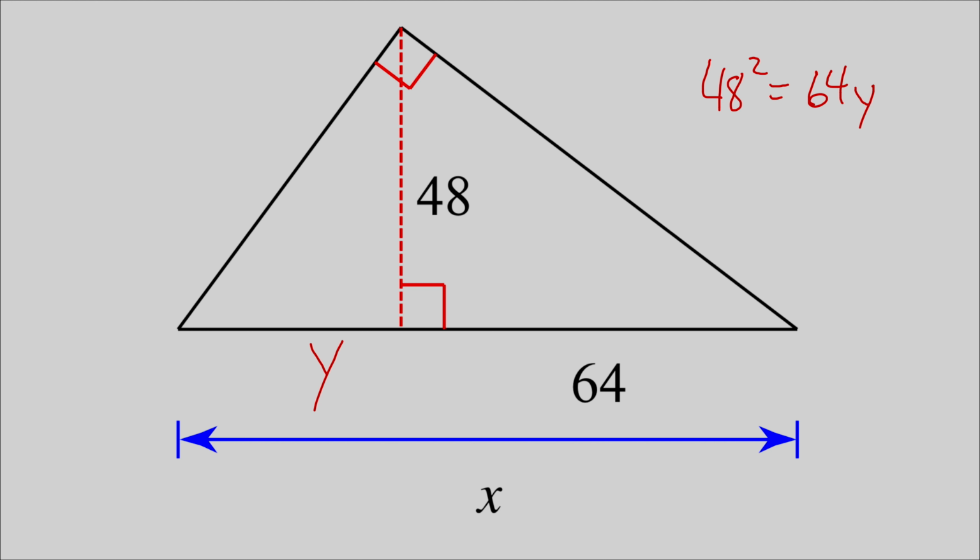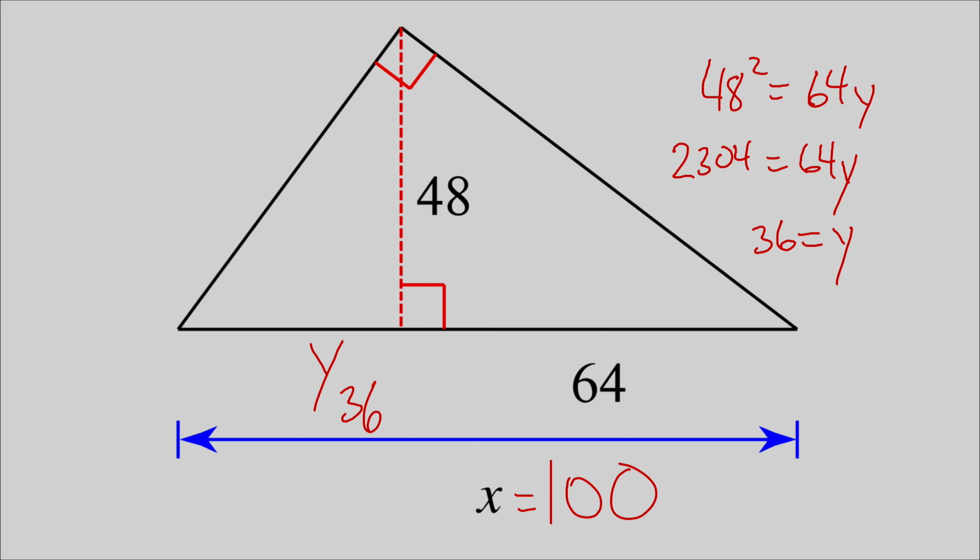So 48 times 48, and that's going to equal, whoa, 2,304. That is going to equal 64y, and then I divide it by 64, and that gets us 36 equals y. So there we go. So 36 is equal to y. 36 plus 64 equals 100. There we go. So exciting.